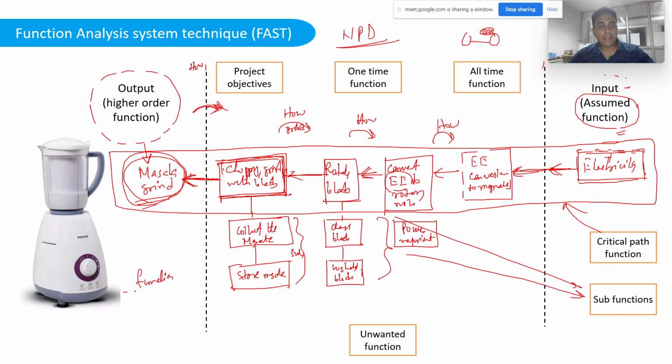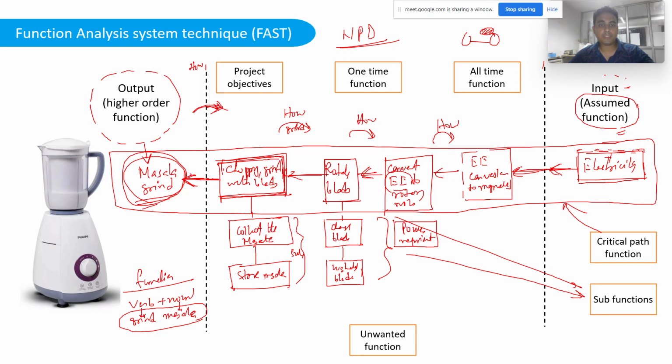The way you write a function is a verb plus a noun, or the opposite. For example, it can be grind masala, but that is not a constraint. You can use different language also, but this is easy to analyze in the later stages. When you say grind masala, it is a function: one verb, one noun.